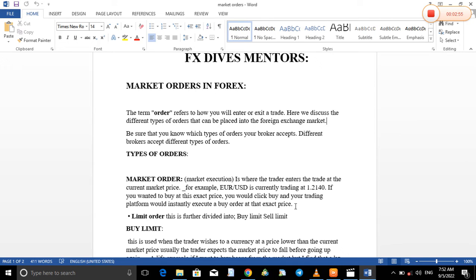Market order or market execution. That means if you have analyzed a certain pair, or if you are in a certain signal group and they tell you buy EURUSD, that means there is no analysis you're going to make on that pair. You will just go edit your lot size and put the recommended lot size for the account you are trading at the moment, and just press buy or sell.